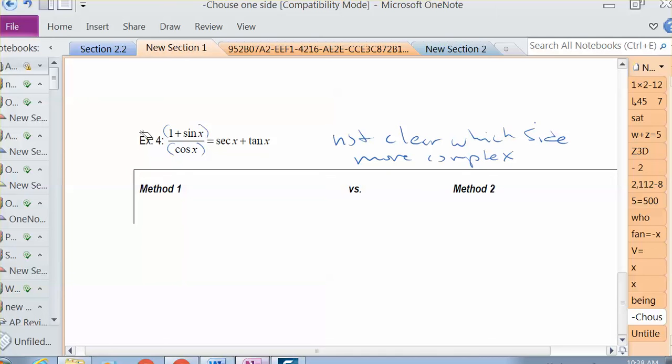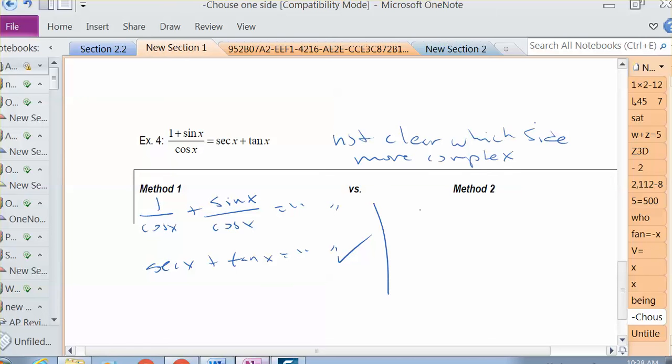If I work on the left side, for example, I can actually separate the fraction in this manner. There's no harm in doing that because if I added those 2 fractions, I'd get back to the same place. And of course, that's secant x, and that's tan x, and we're verified. Or I could work on the right side and keep the left side intact.